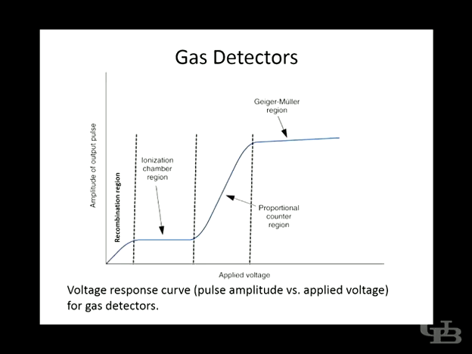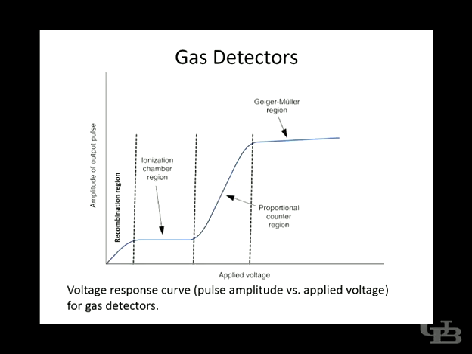We call this the proportional counter region. In this region, there's magnification of the charge signal, and this magnification is still linear to the original charge created. The signal will be large enough to do some counting, but you can still get the energy. You can also get the energy of the original signal.